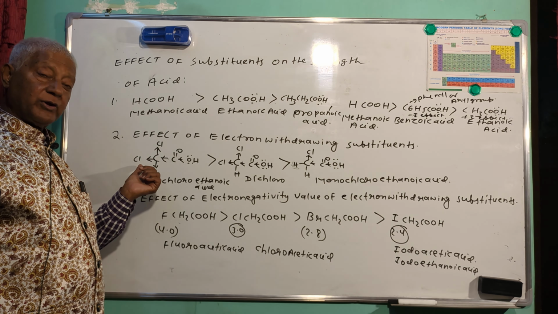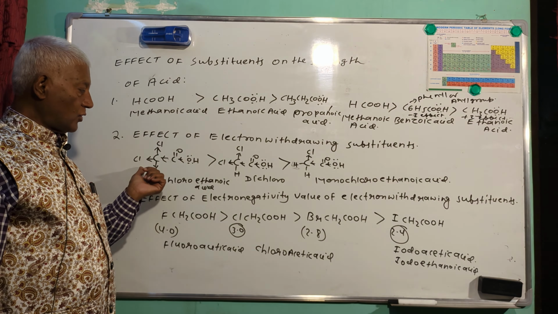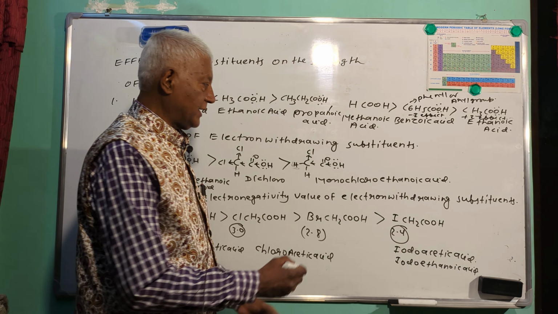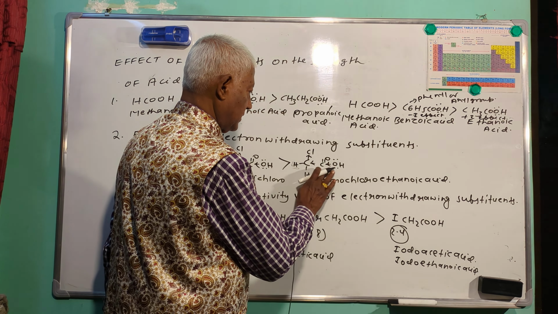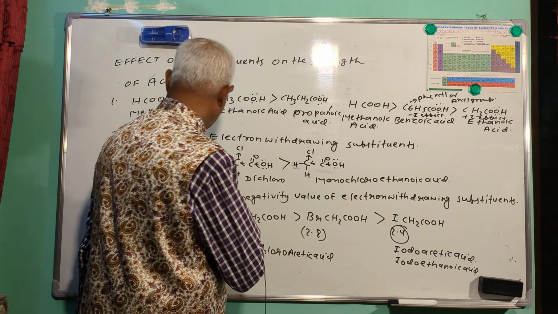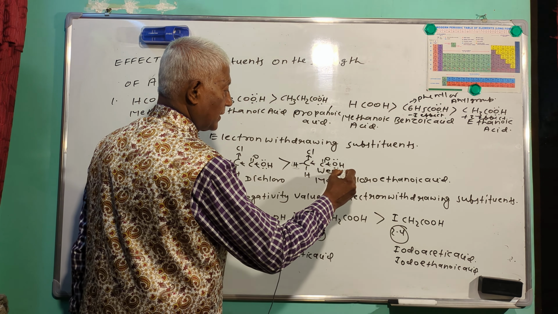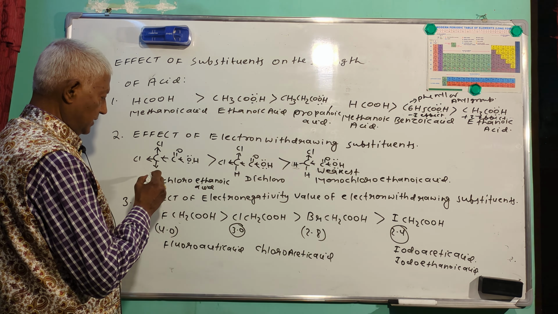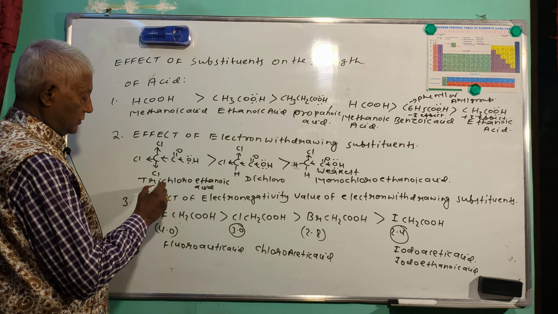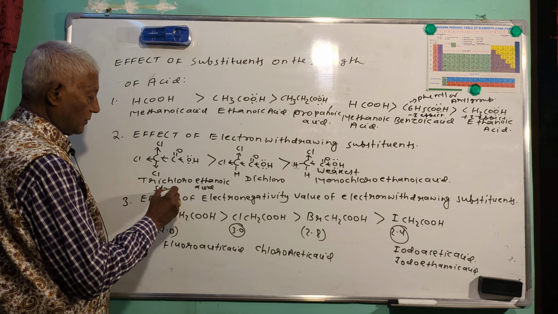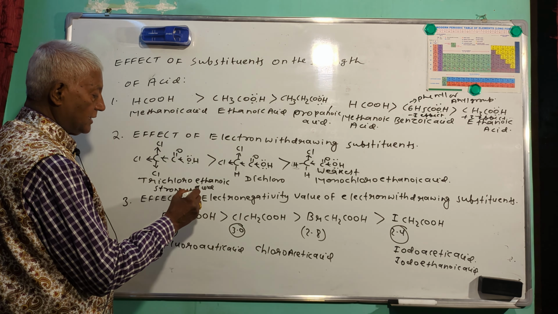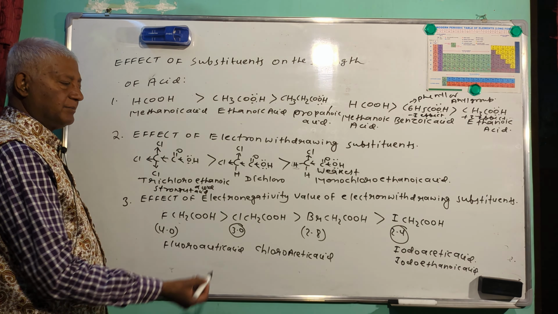So trichloro is the strongest acid, this one is the weakest acid, and the dichloro is in between.